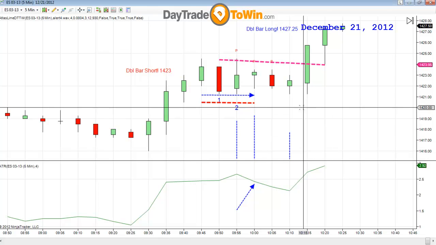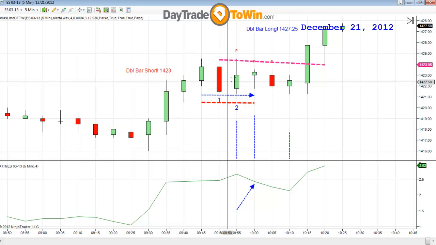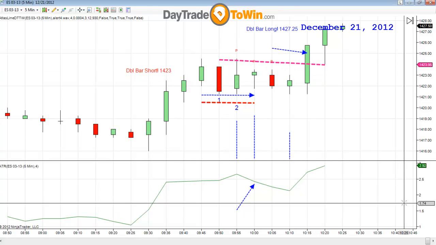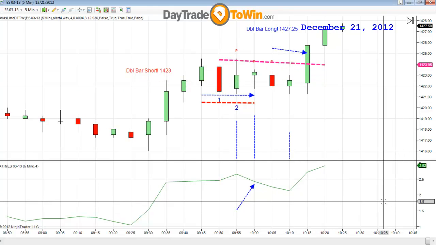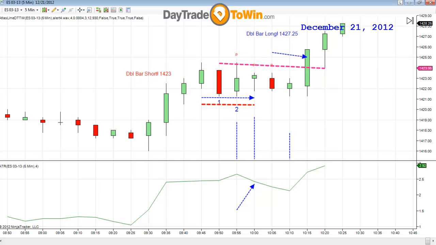If I'm short and we have a closing price in the opposite direction, then I'm out of the trade, right? Because I have proof that I shouldn't be there any longer. So I always use proof alongside a time-based stop to tell me whether or not I should or should not be in the trade.